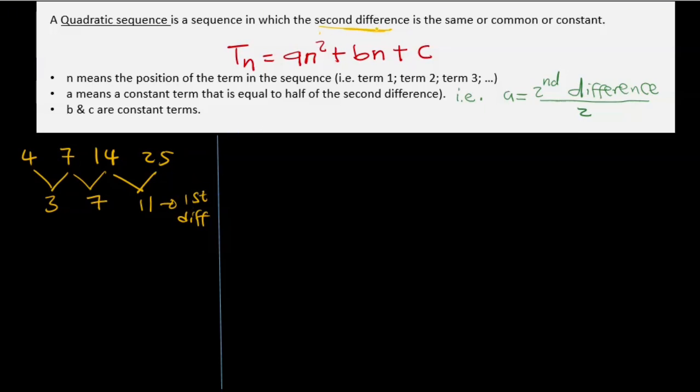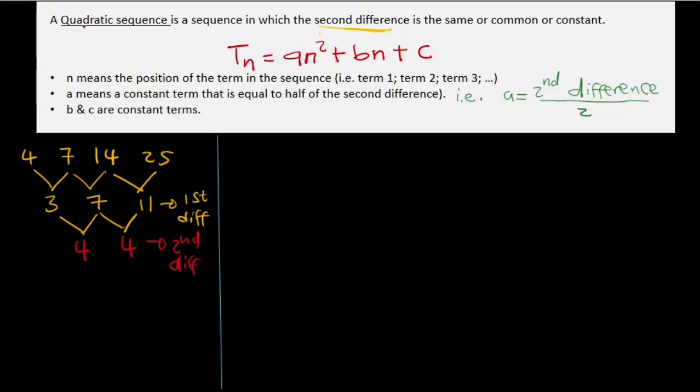And how do you get to the second difference? You continue from the first difference. You actually do the same thing. 7 minus 3, that will give you 4. And then 11 minus 7, that will also give you a 4. This is now our second difference. All right. I hope you're still with me.